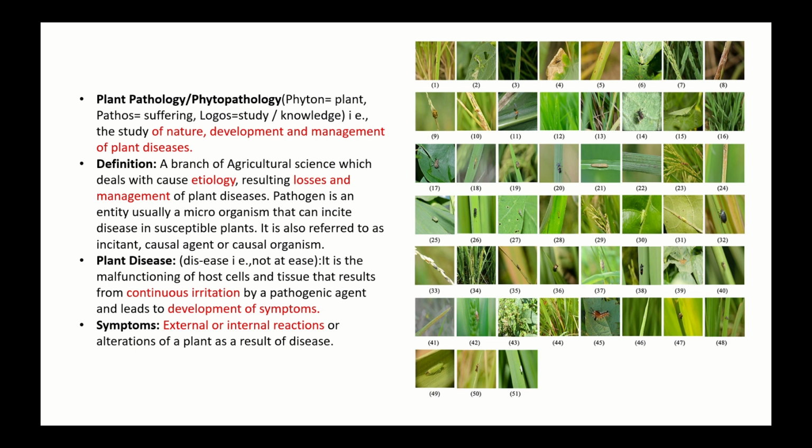Its actual definition: it is the branch of agricultural science that deals with the causes, or etiology. Etiology means the study of disease-causing organisms and its management, the resulting losses, and management of plant diseases.